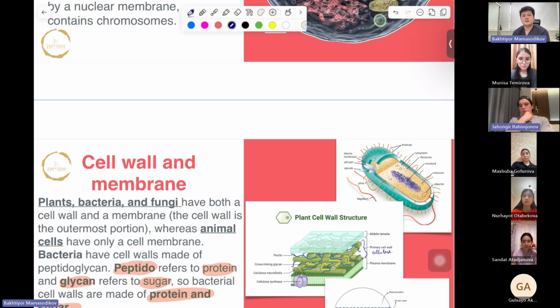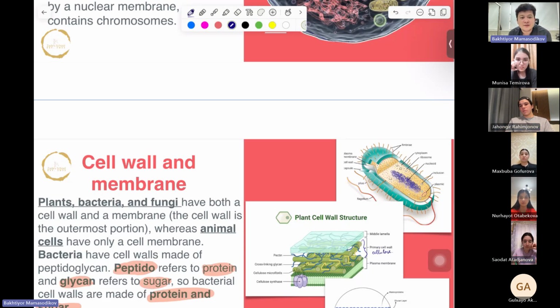They call the cell wall of fungi chitin. It's not China. We don't call it China, we call it chitin. Fungi. Chitin. Yes, chitin.